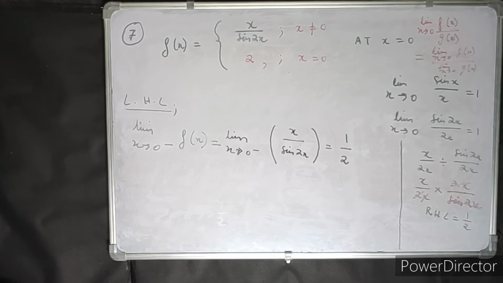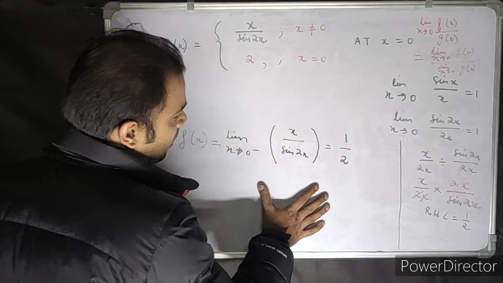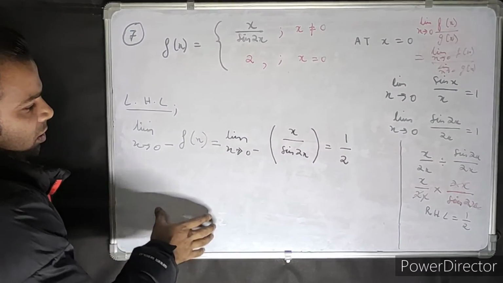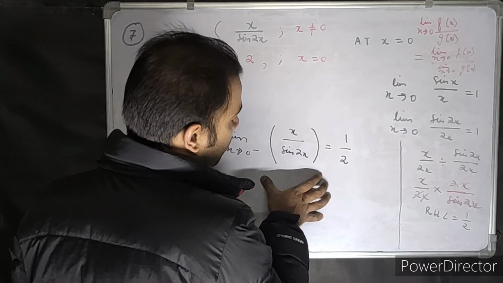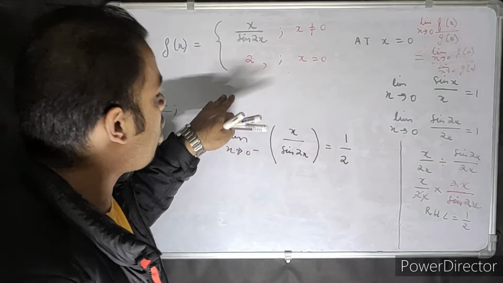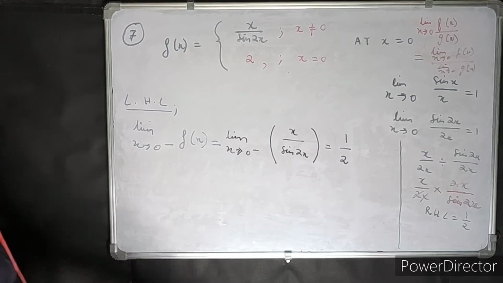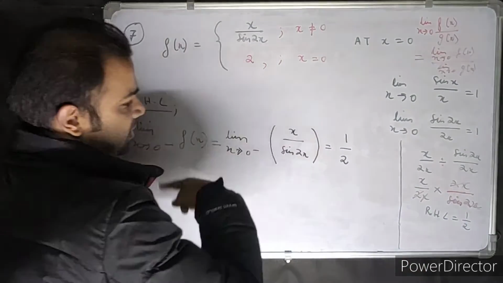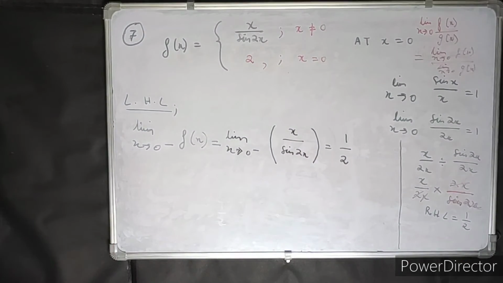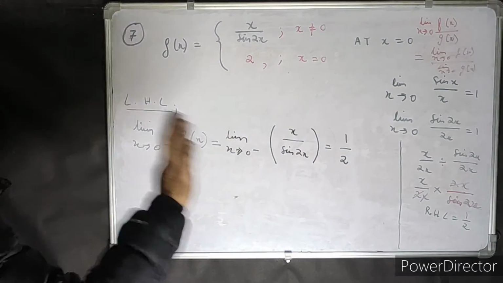Simple, because this is approaching from the negative side. So it's not equal to 2 and it's not equal to 0, and if it's not equal to 0, then you will take the top function. Simple logic. And in RHL you did the same thing and you got half. So over here you don't have to do the same thing, you just write half, and whatever you had done is over here.